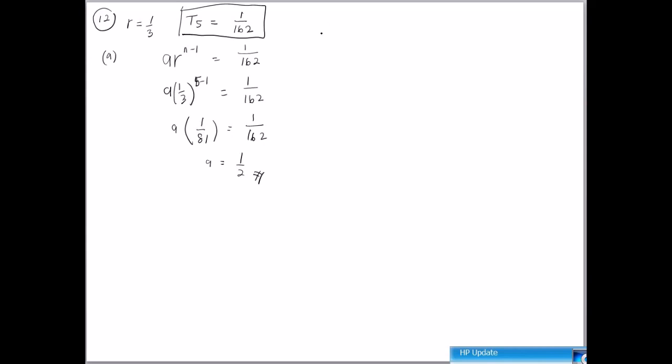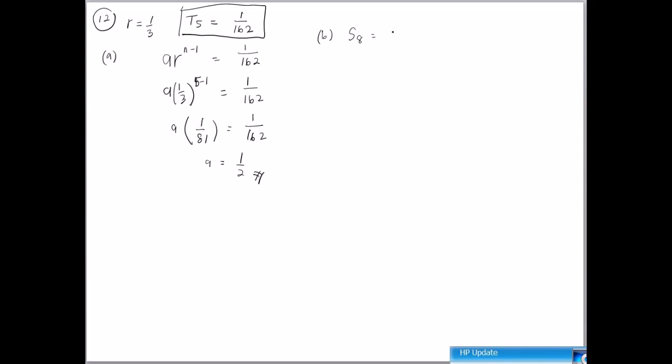B. For question B, 12b, we want to find the sum of the first 8 terms. Sum of the first 8 terms is S8 equal. Okay, our R is 1 over 3. Okay, 1 over 3 is 0.33 something.